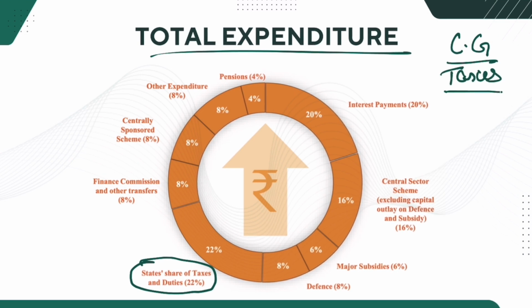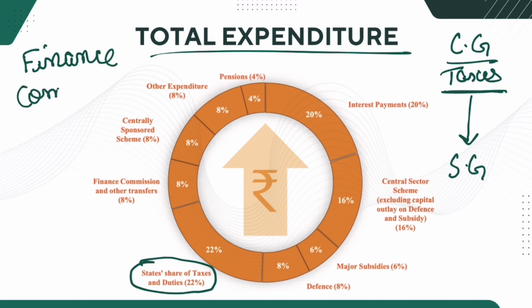As a part of their duty, they have to share some of that amount with state governments of India. How much would that amount be? Well, that is decided by Finance Commission of India. Finance Commission will decide how much of the money collected by central government through taxes will be devolved to state governments.